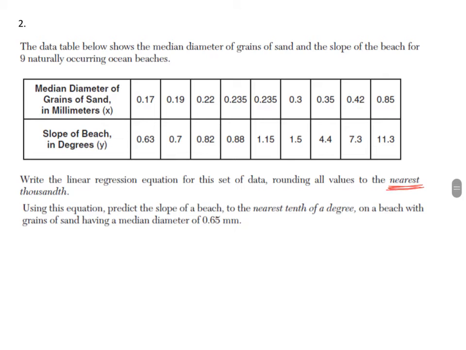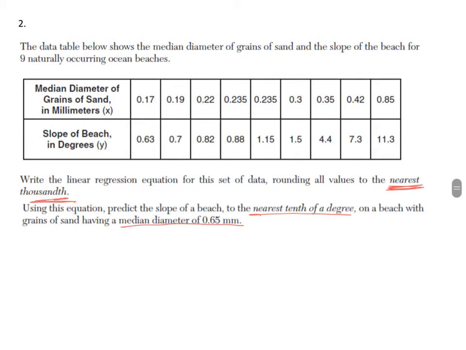So now we are looking for the thousandth. Then they say, using this equation, predict the slope of a beach to the nearest tenth of a degree on a beach with grains of sand having a median diameter of 0.65.